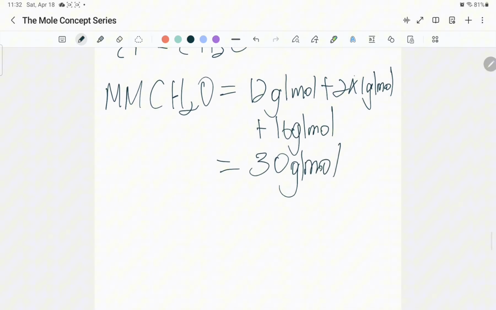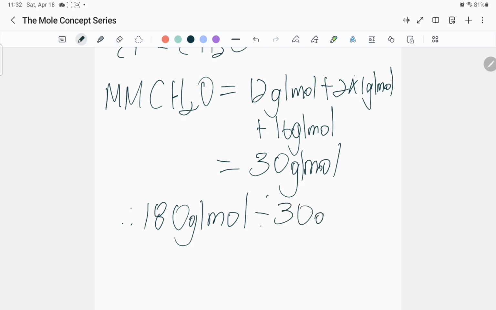So now we take the 180 grams per mole divided by the 30, and that will give us 6 as the moles, right?